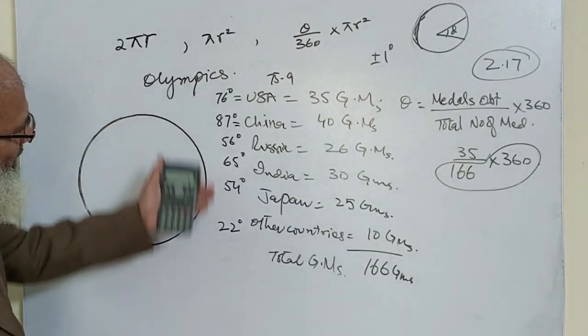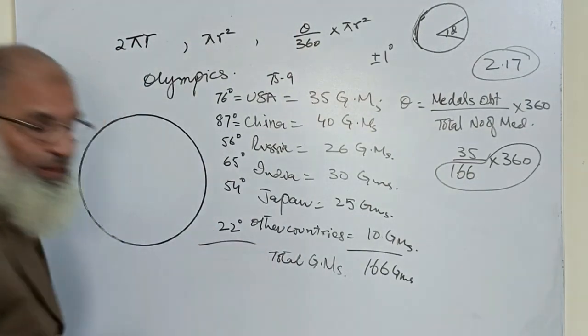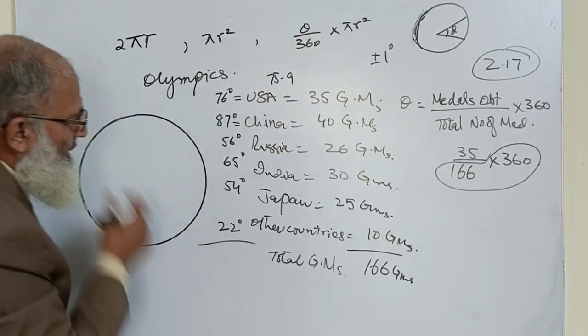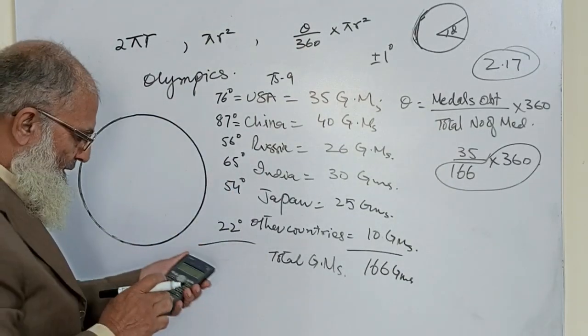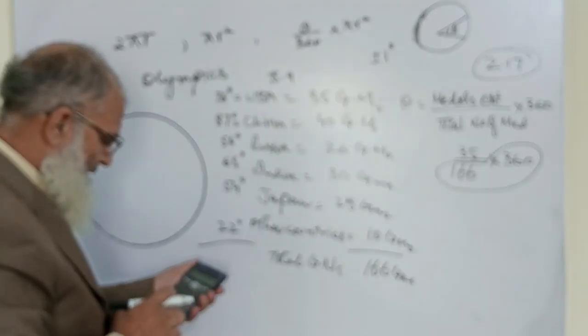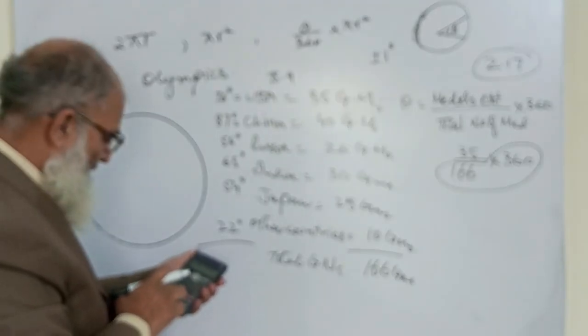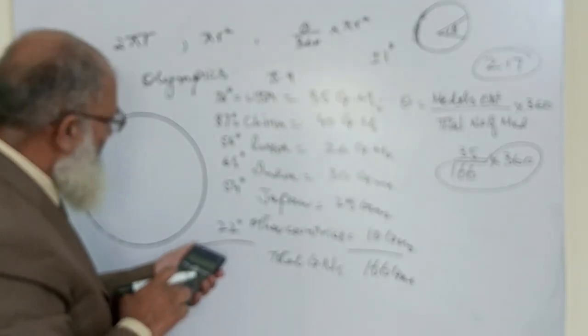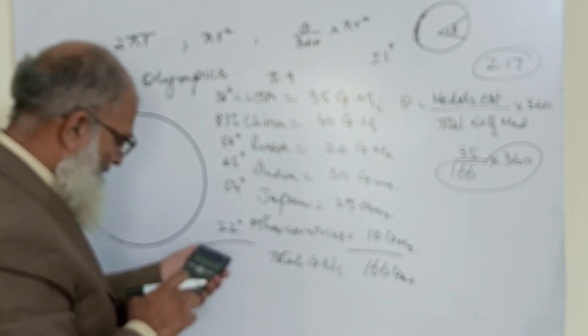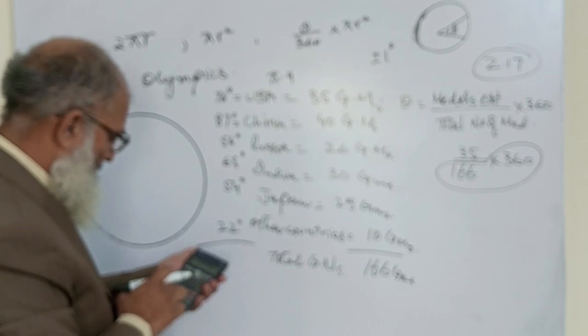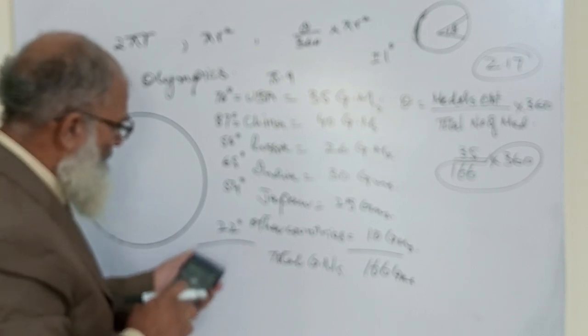Now, if you add all these degrees, what should it come? Let me calculate it. 76 plus 87 plus 56 plus 65 plus 54 plus 22 is equal to.